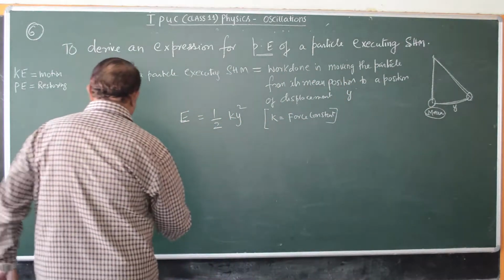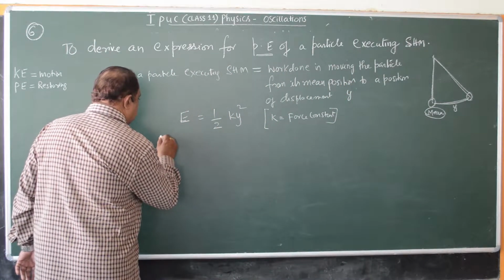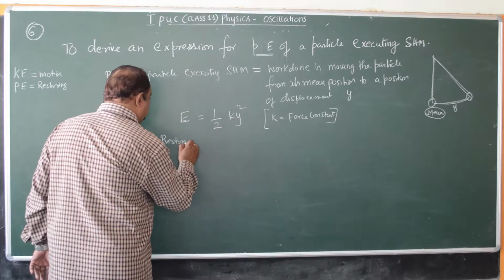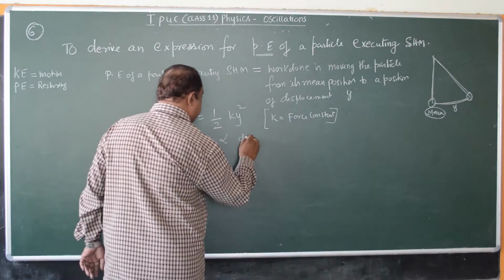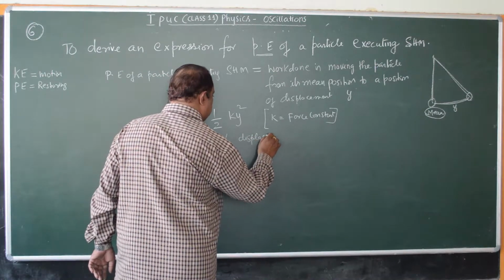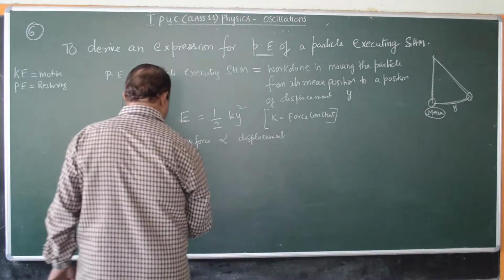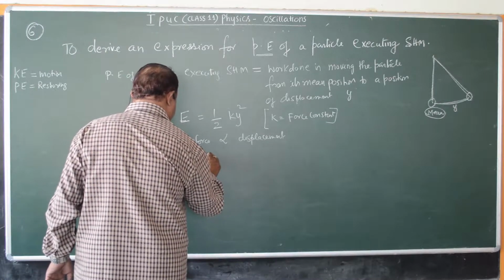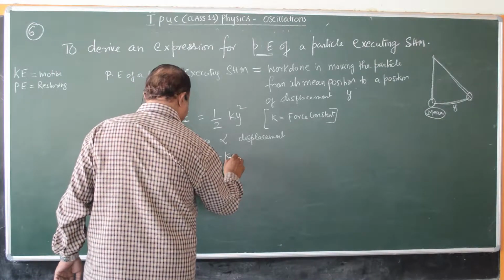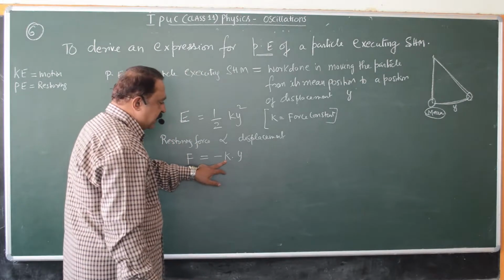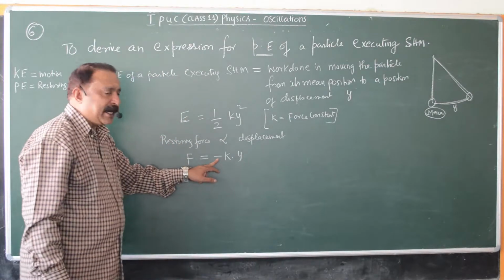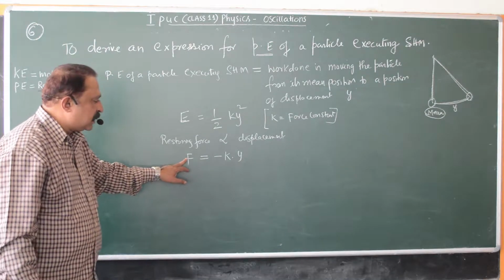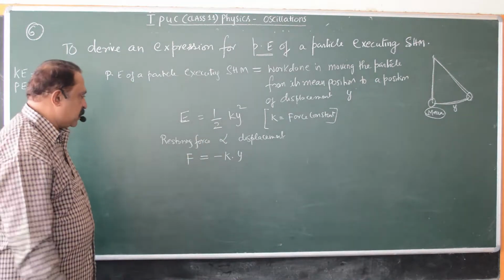Now, we know that the restoring force is directly proportional to displacement. So I can say F is equal to minus k times y, where k is the constant of proportionality, y is the displacement. The negative sign indicates that the restoring force is in a direction opposite to that of displacement.